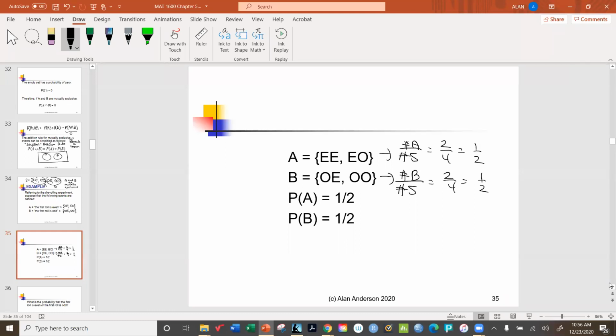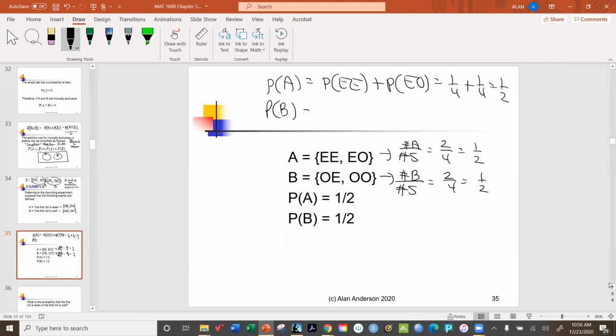The other option, of course, remember, we did say that this is also a possibility. You can use whichever one makes sense. But when they're all equally likely, you might as well take advantage of it.